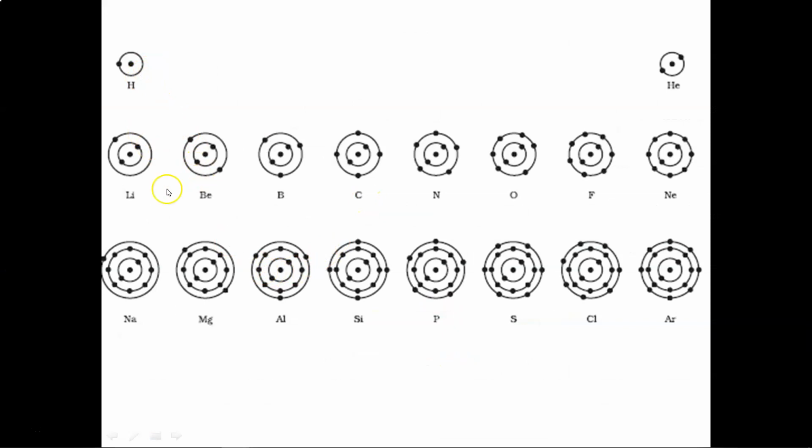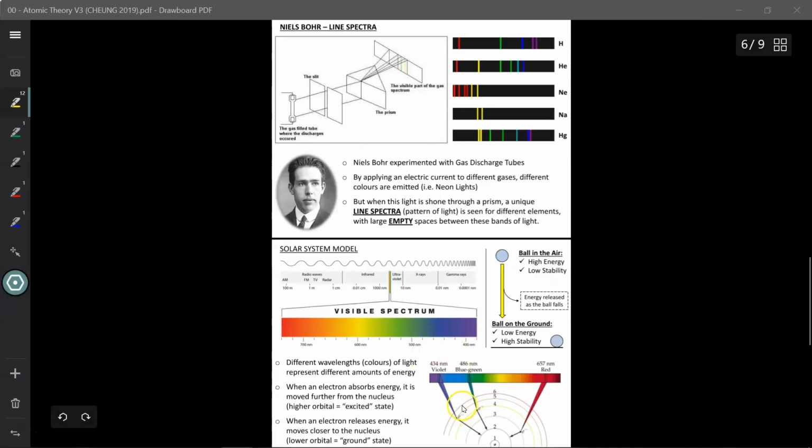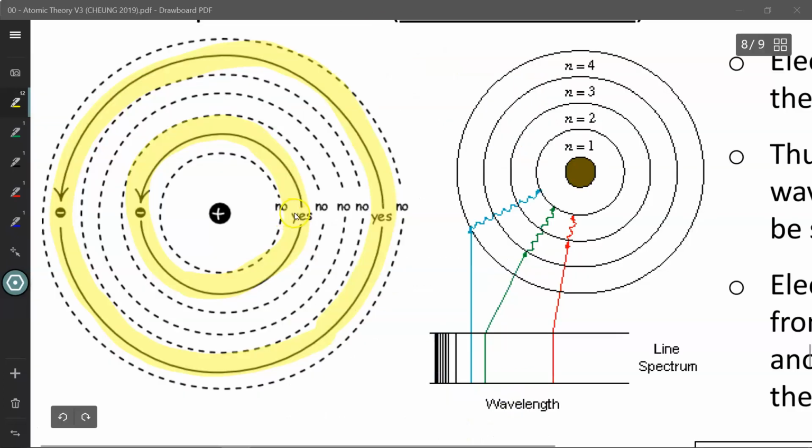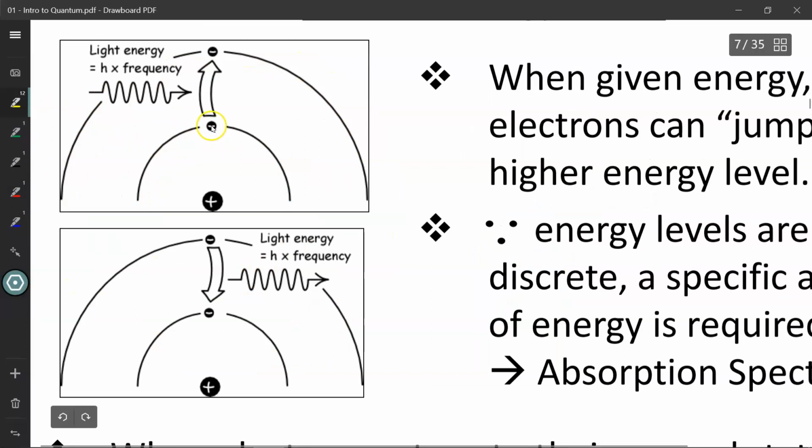And since every element has its own unique electron pattern, how their electrons release their energy will also be unique, and that of course results in a line spectra that is characteristic to each and every single element on the periodic table. Because electrons can only exist in specific orbitals and not in the spaces between, they can only absorb certain amounts of energy and release those specific amounts of energy.